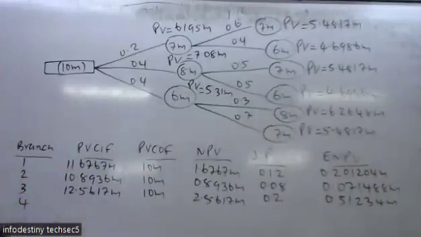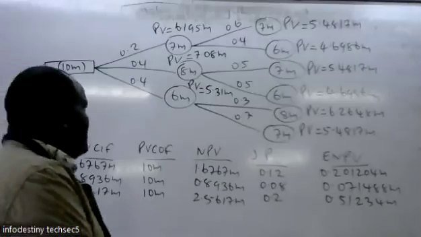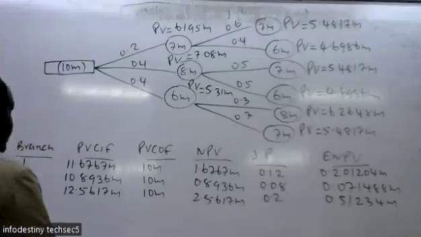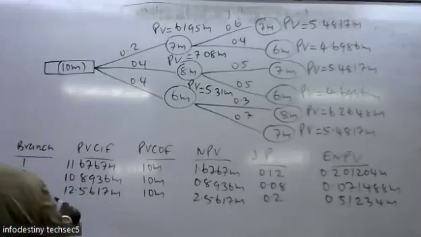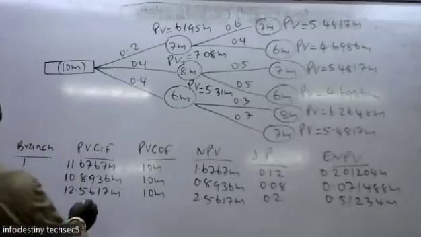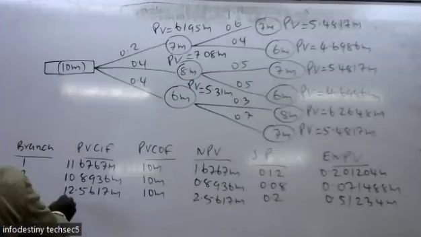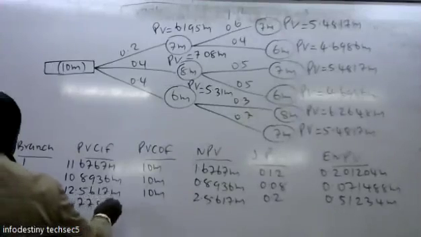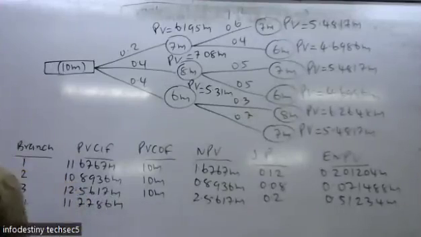We go to branch 4. So branch 4, it is still 7.08, but now we add 4.6986. So that one should give you a total of 11.7786.